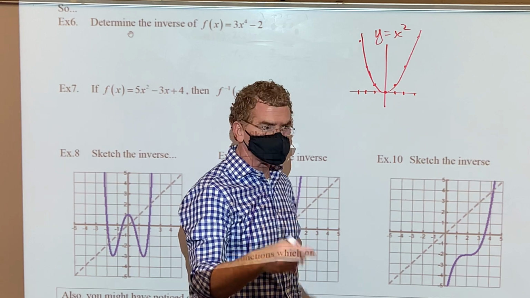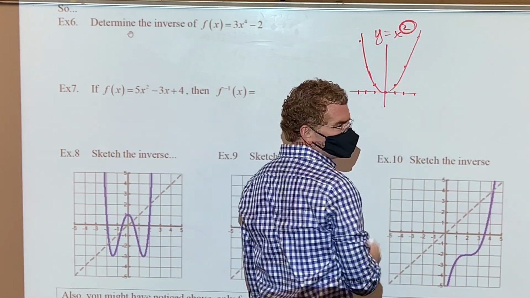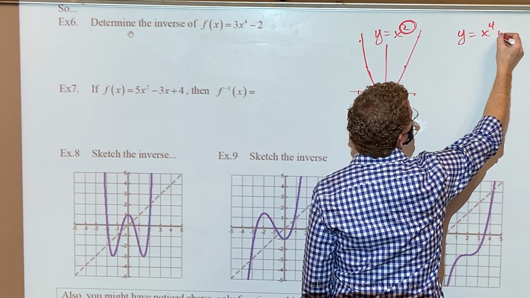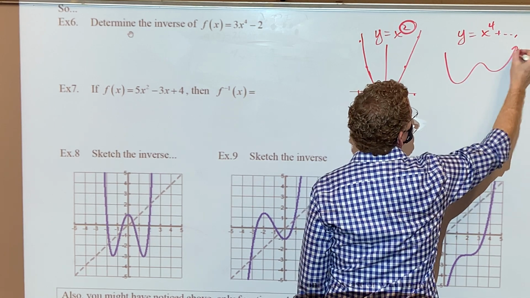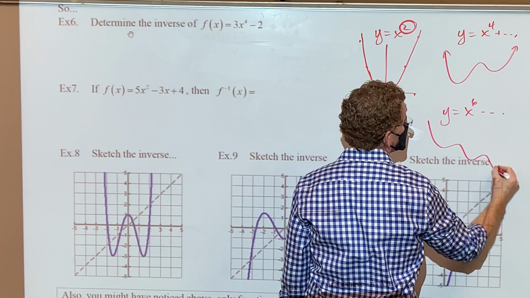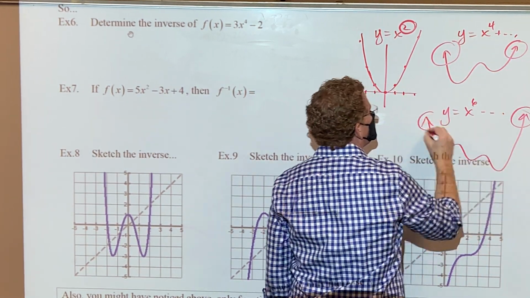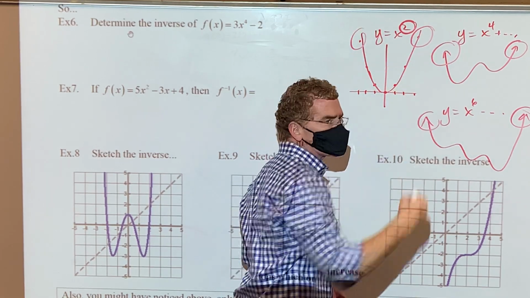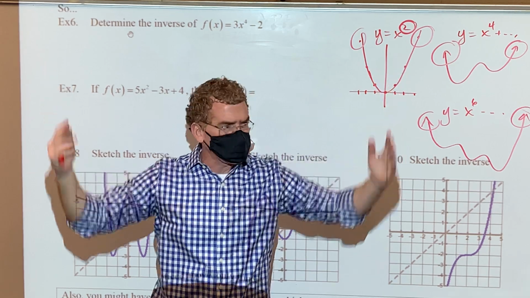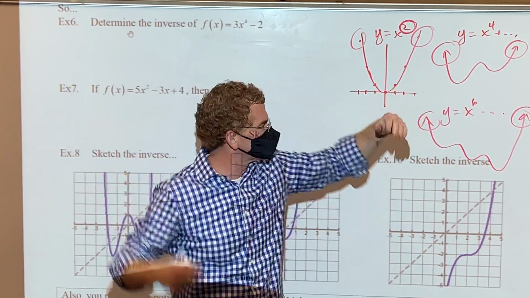You're going to notice eventually in this course and the next course that anytime your highest power is even, whether it's y equals x squared, y equals x to the 4th, y equals x to the 6th, the arms of the graph always go, not necessarily up, but always go in the same direction. And if you're going up to the right and up to the left, then what are you eventually doing?